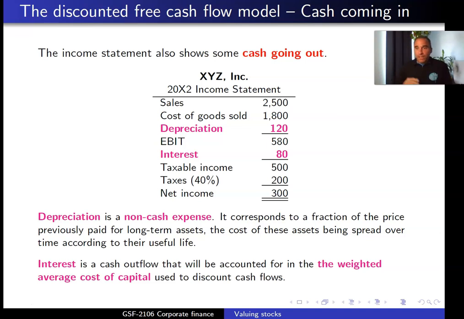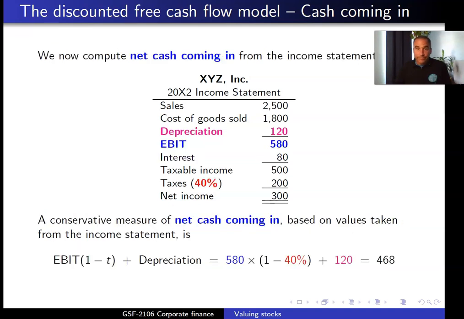And the interest expense will be taken care of in the discount rate we use to discount cash flows. So the cost of interest will be incorporated into the weighted average cost of capital. So we don't consider it as cash leaving the firm here. So a conservative measure of net cash coming in would be the following.